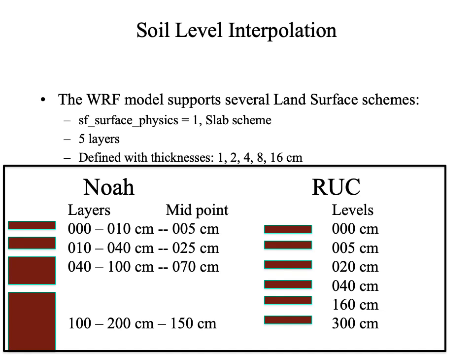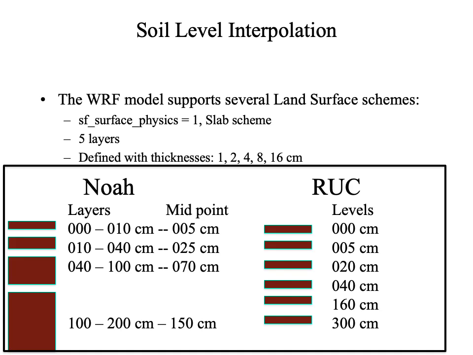On the left-hand side at the bottom and on the right-hand side at the bottom, we have the two traditional input fields that are available from the U.S. Weather Service when we're picking up soil level data from the NOAA scheme and from the RUC scheme.